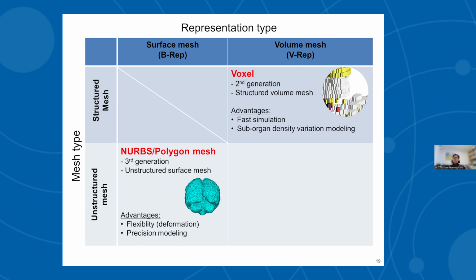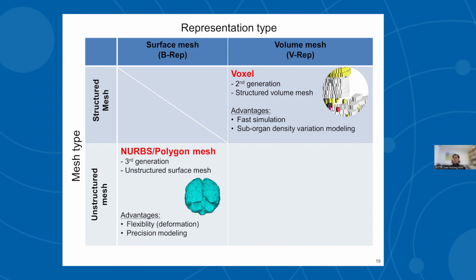This slide again compares the voxel geometry, NURBS polygon mesh geometry, and tetrahedral mesh geometry. First, the voxel geometry is classified as structured volume mesh. It is structured mesh, and it's volume mesh based on volumetric representation.